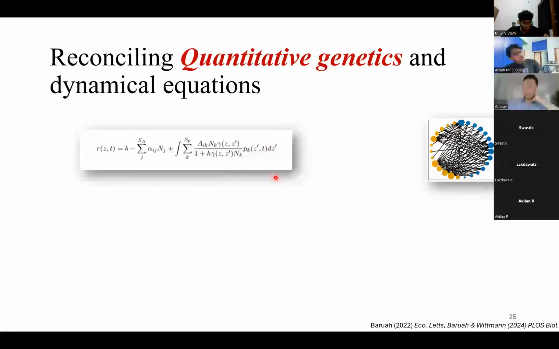I'm not going to go into the details of this. If you want to talk to me about it later, or you can look at some references, okay? So the growth rate of a phenotype belonging to this pollinator can be given by this.